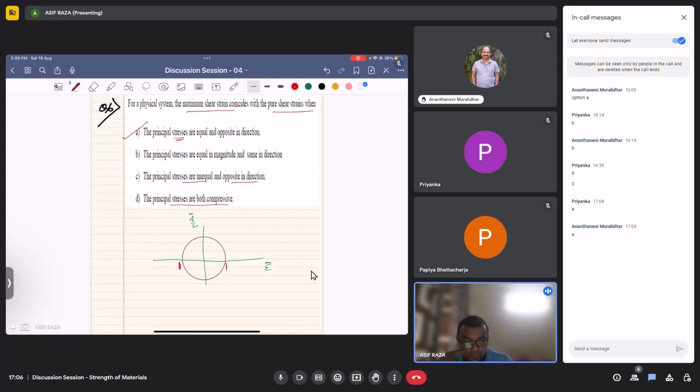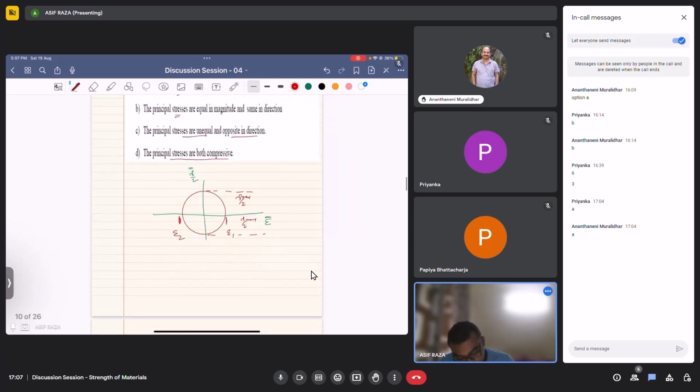Here it should be equal for strains also. So if principal strains are equal, that means epsilon 1, and this I am saying epsilon 2. And this is gamma by 2, and gamma by 2 would be equal to gamma by 2 max. And this would also be gamma by 2 max.